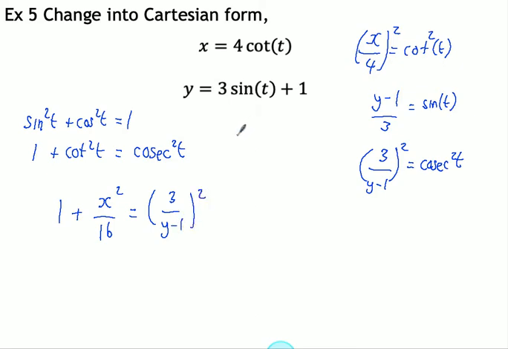Whew. And it looks a little bit nasty, but that's absolutely fine. Okay. From this we can say things like y cannot be equal to 1, for example. Otherwise this simply will not work. But yeah, we've managed to change this into Cartesian form. It's a little bit messy, but I have y in terms of x.